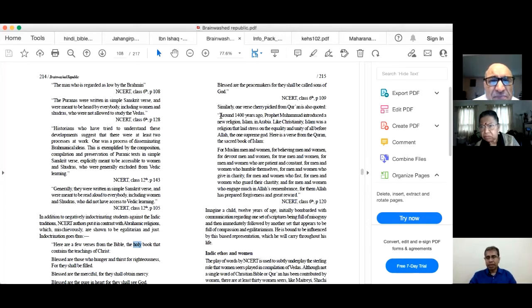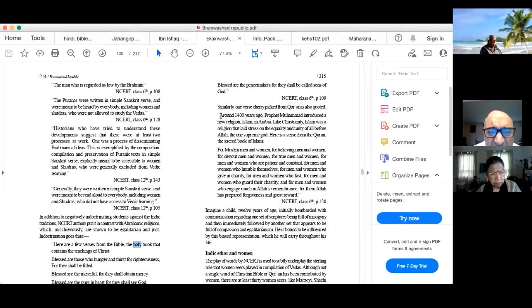For Muslim men and women, for believing men and women, for devout men and women, for true men and women, for men and women who are patient and constant, for men and women who humble themselves, for men and women who give in charity, for men and women who fast, for men and women who guard their chastity, and for men and women who engage much in Allah's remembrance. For them, Allah has prepared forgiveness and great reward.